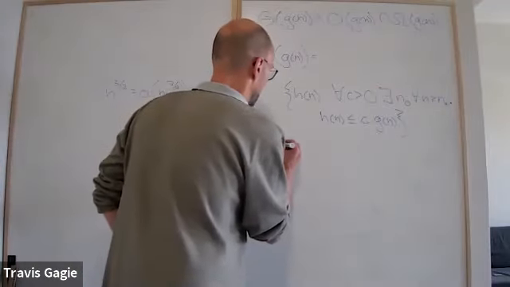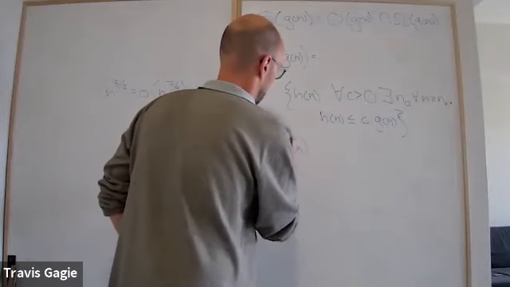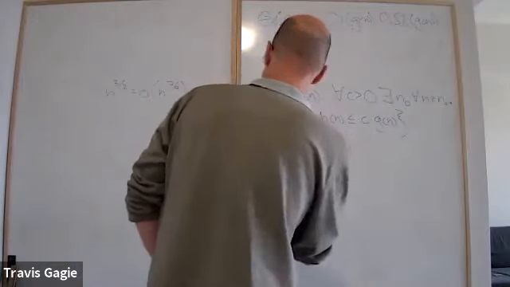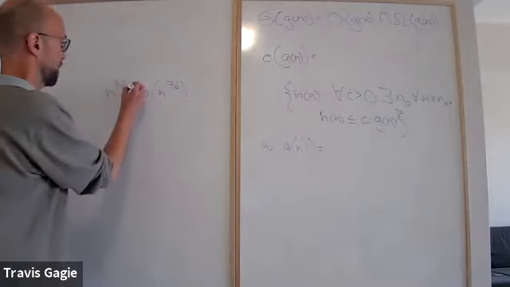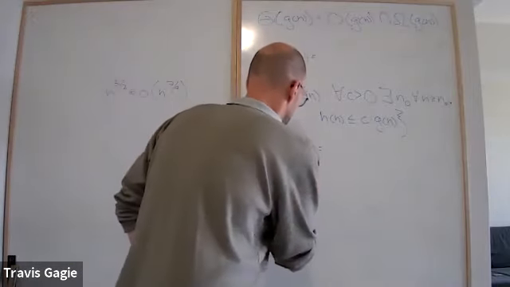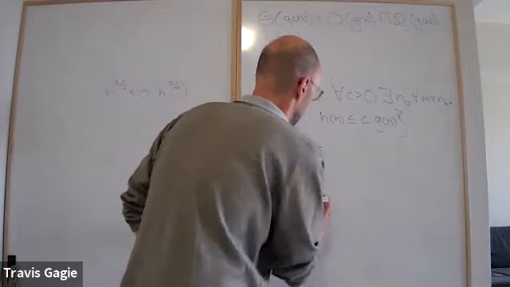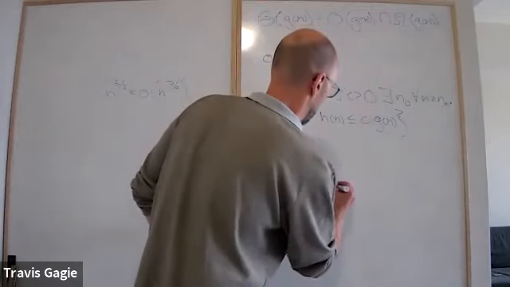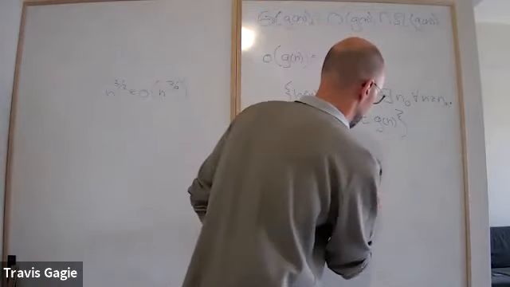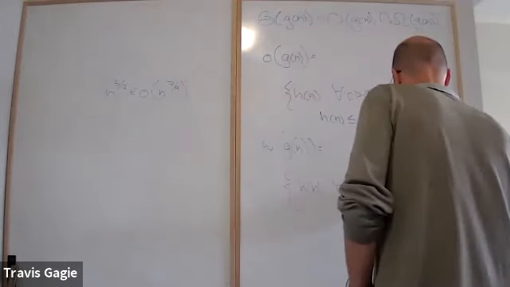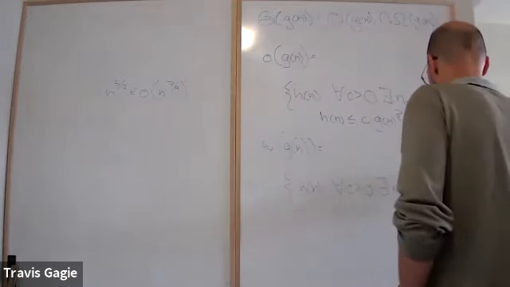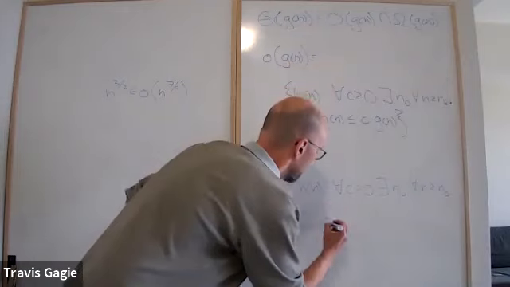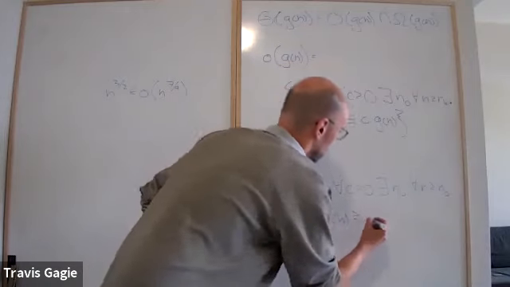So little omega of g of n is the set, and I went and wrote equals again here, is the set h of n, and it's the same stuff, such that for all c greater than 0, there exists an n0 such that for all n greater than or equal to n0, h of n is greater than or equal to c times g of n.